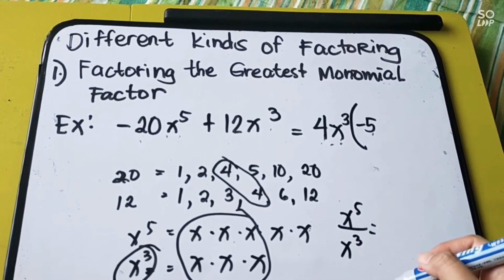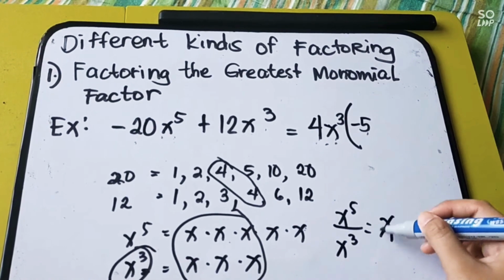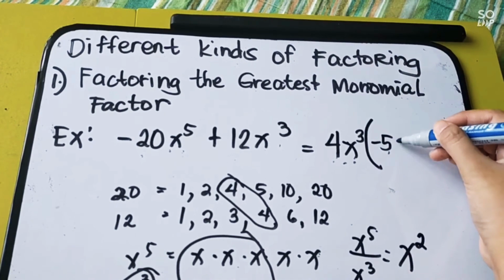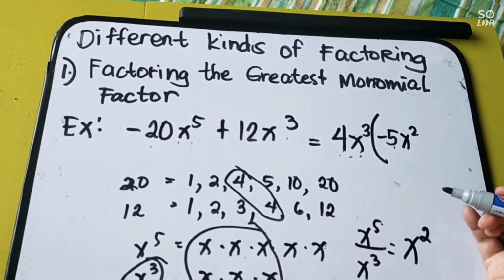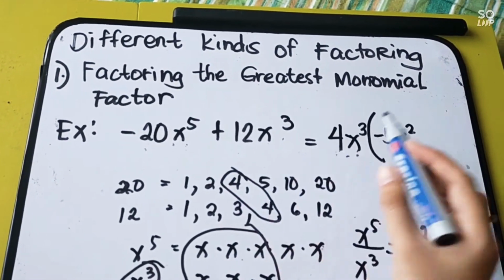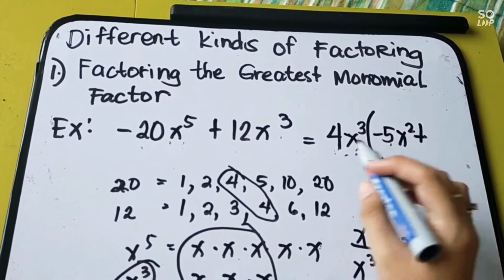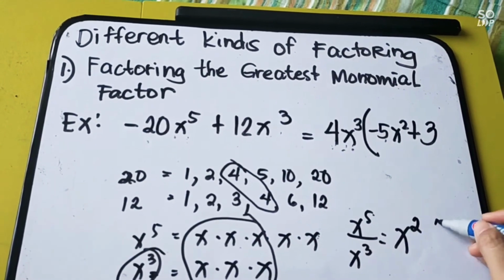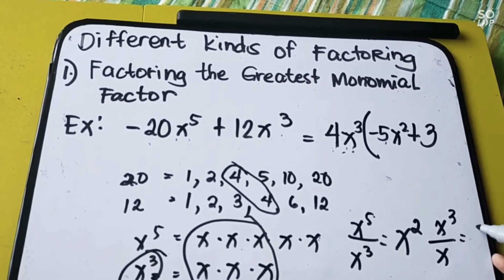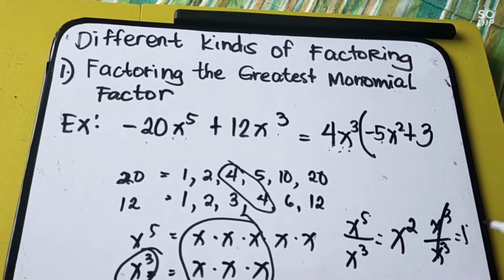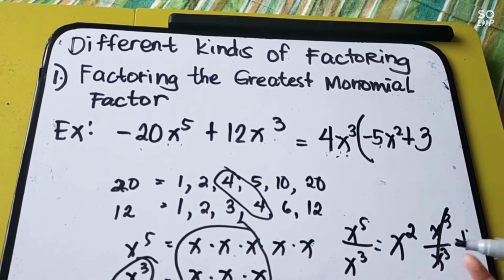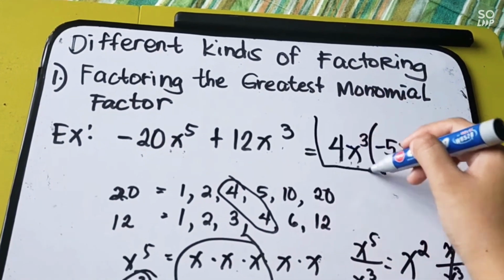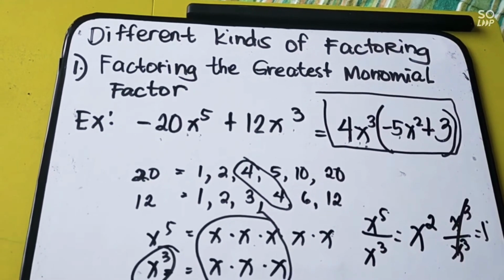When you divide exponents, copy the variable, then subtract the exponents. 5 minus 3, the answer is 2. So, negative 5x squared. Next, 12 divided by 4, the answer is positive 3. Next, x cubed divided by x cubed is equal to 1. Right? Cancellation. So, if it cancels, it's just 1. So, 3 times 1, still 3. So, this is the answer. That's the factor. Is it clear?